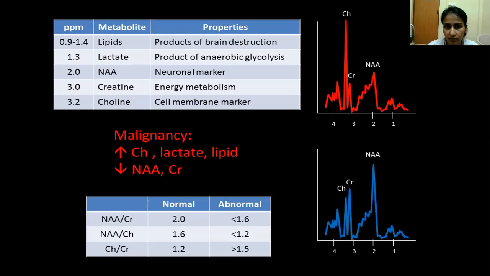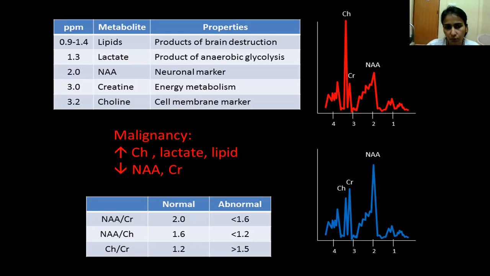Okay, so in malignancies, what is there? There is brain destruction and there is anaerobic glycolysis. So lipid, lactate, and choline are increased. And the neurons are decreased, so NAA is decreased, and creatine, which reflects energy metabolism, sorry, this creatine will be decreased. If we consider the NAA and creatine ratio, the normal ratio is 2.